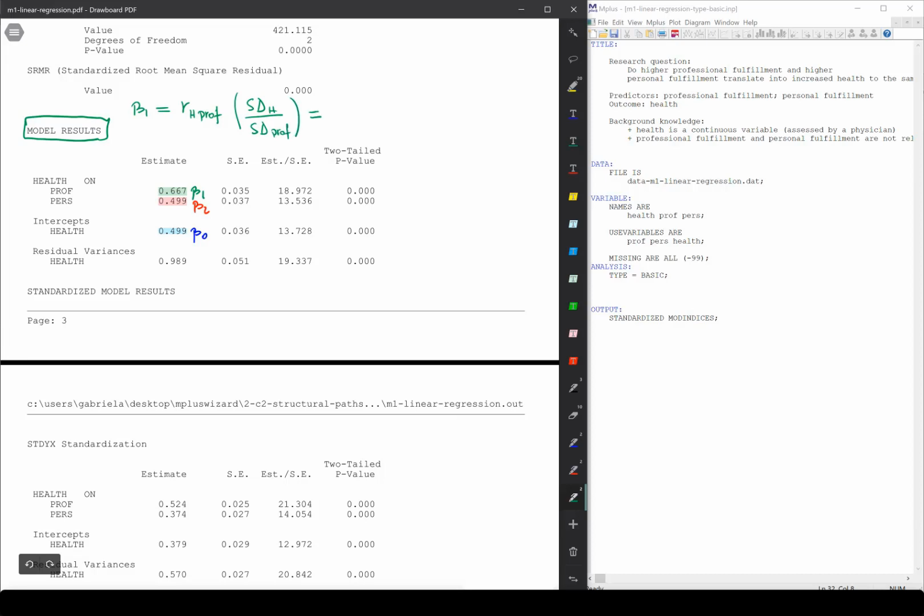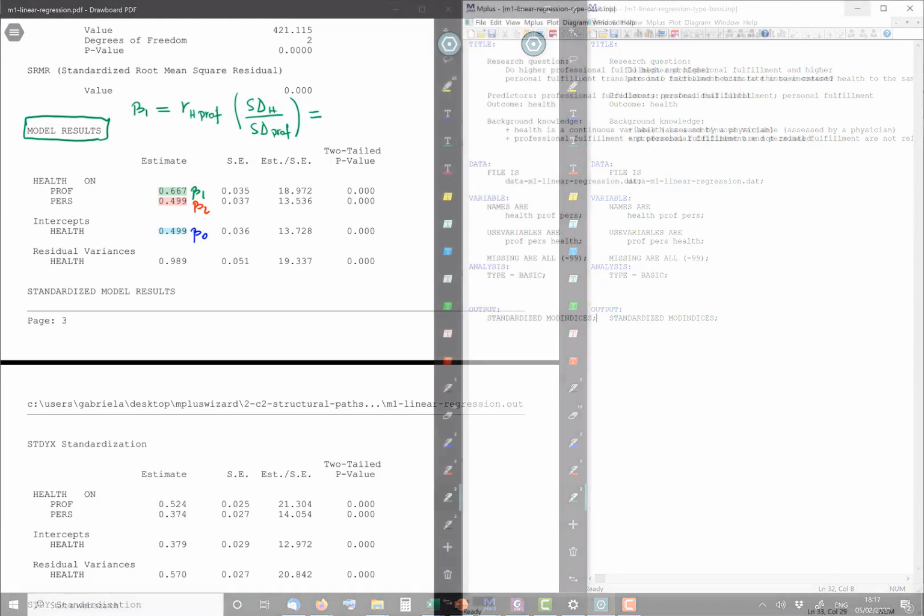Okay, so in order to obtain that information, it's actually easier to look at a different kind of model, and I've put this model here on the right hand side, so let's have a look at it.